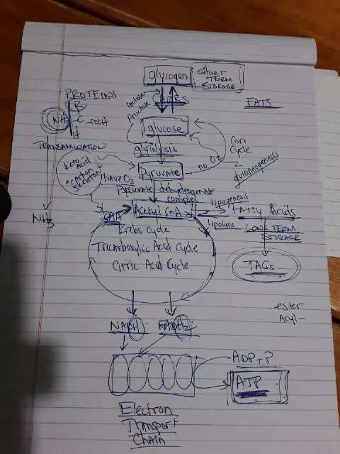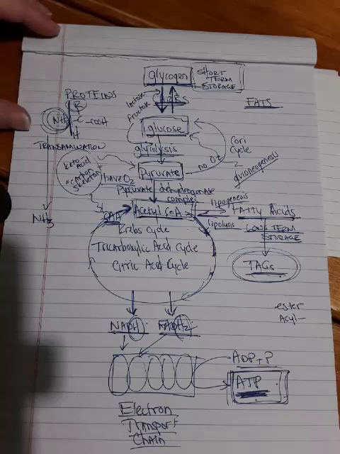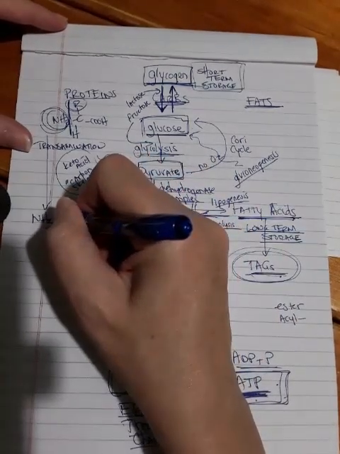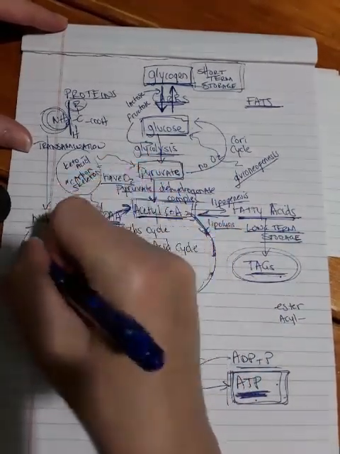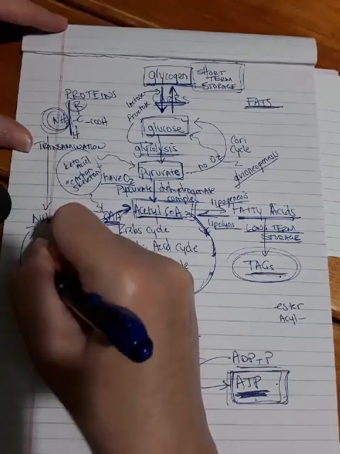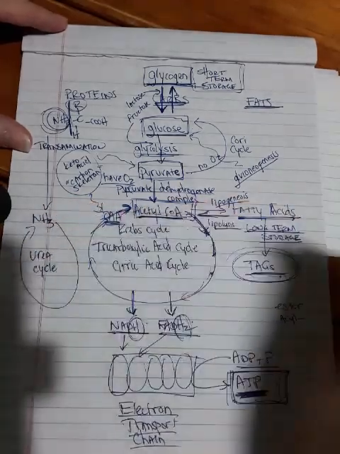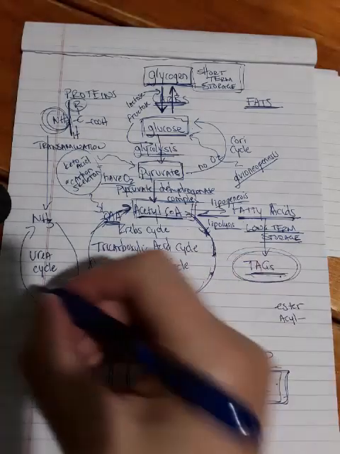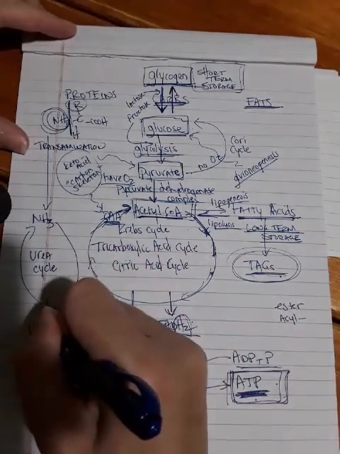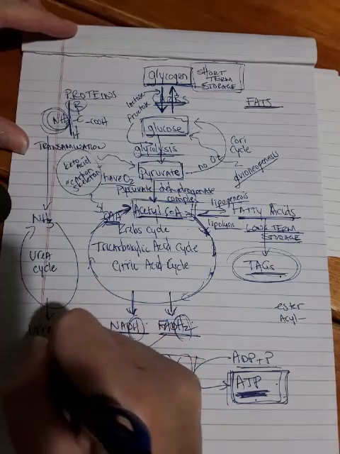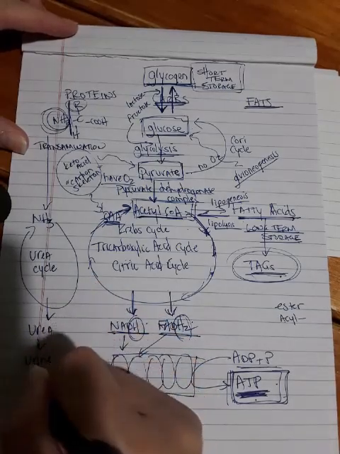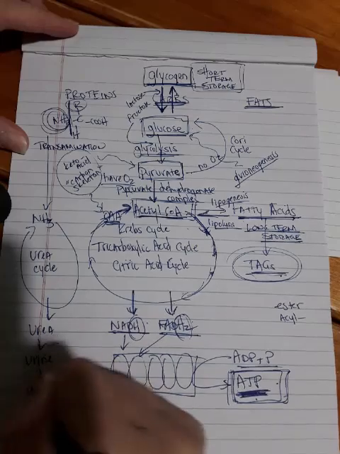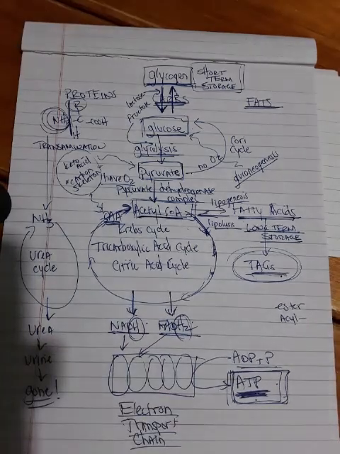So if you don't need that nitrogen-containing molecule for something, we have to get rid of it. So we have to get rid of it, and we do that through a process called the urea cycle that turns that ammonia into urea, puts the urea into the urine, and gets rid of it.